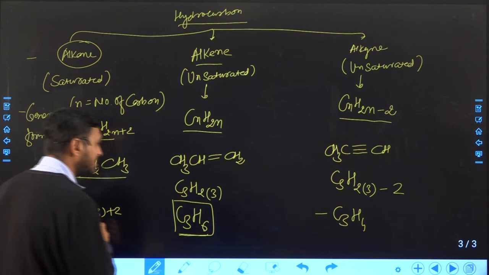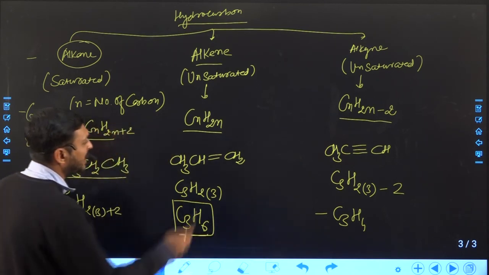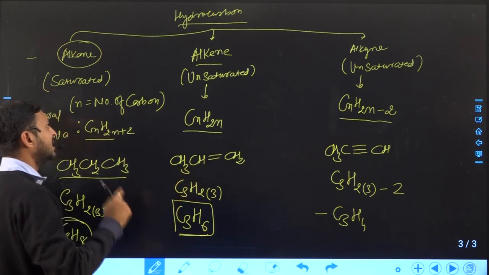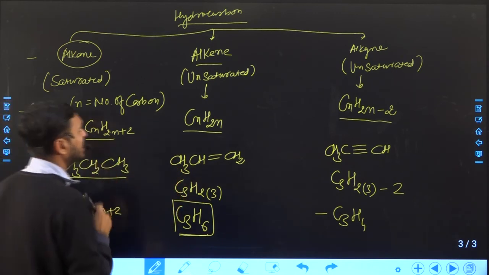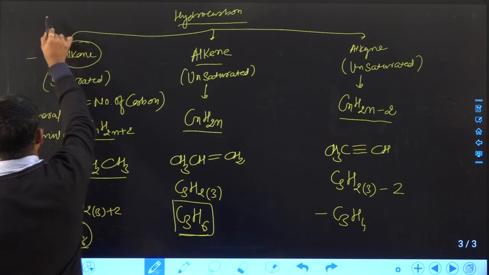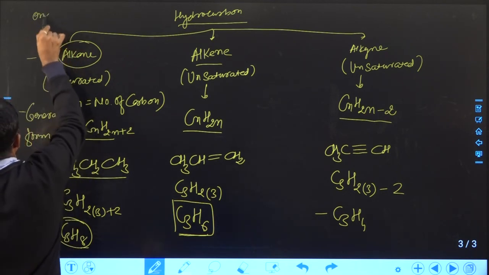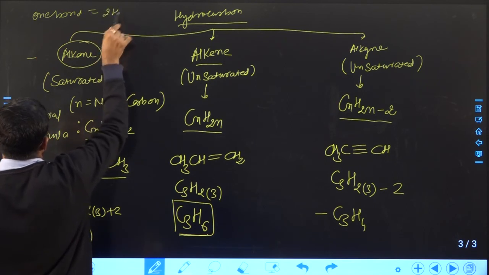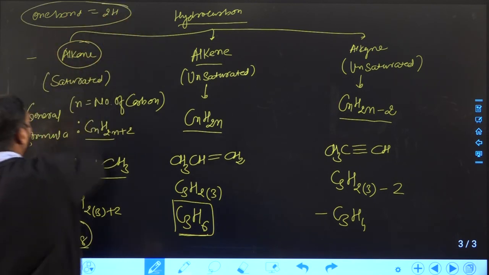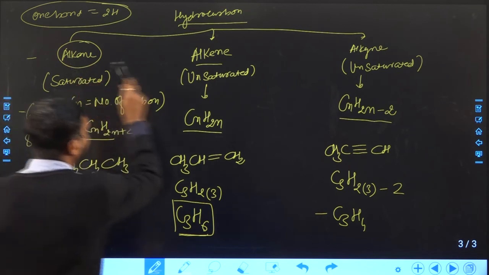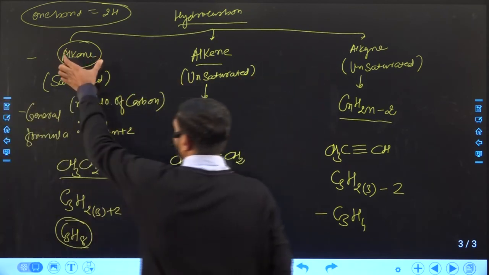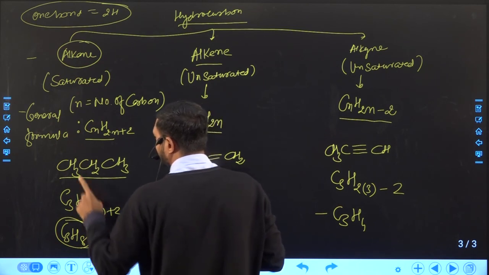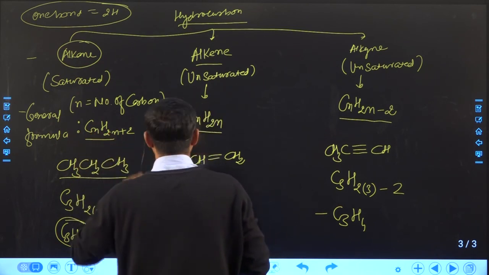So gradually, as the multiple bonds increase, 2 hydrogen decrease. That means we can say one multiple bond is equal to 2 hydrogen. So what is the difference between alkane, alkene and alkyne? In the case of alkane, all single bonds are present. That means the general formula will become CnH2n+2.